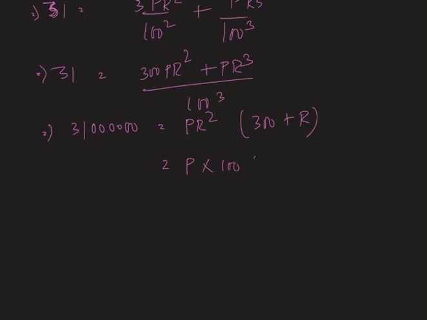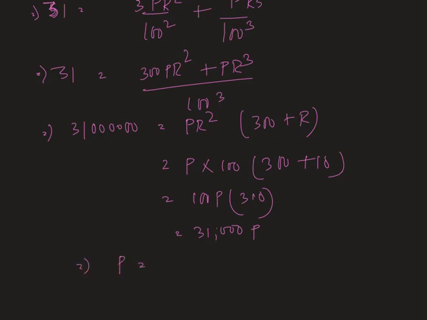Therefore here we get 300 plus 10, 310. Therefore we get 310 into 100, therefore 31,000 into P.